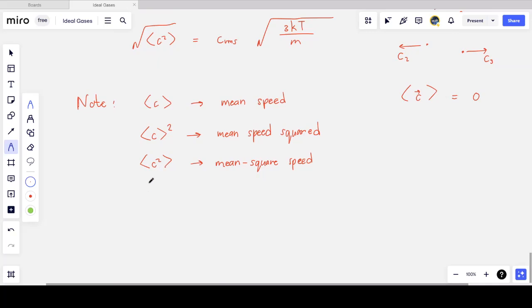It's important to recognize that these terminologies differ. And if I take the square root of that value, I'm taking the square root of the mean square speed, so I add the word root in front of it, and that becomes root mean square speed. These are just a little note on the different terminologies.